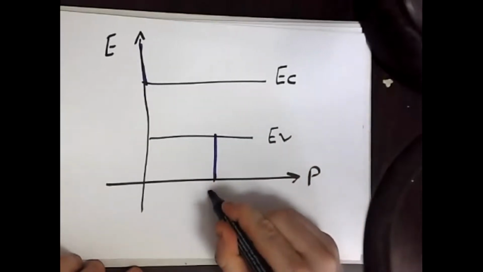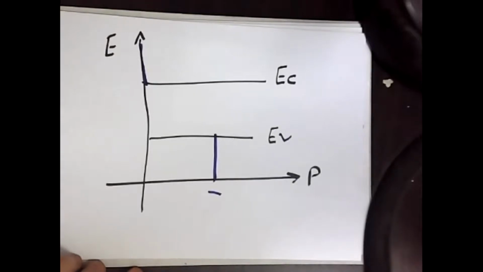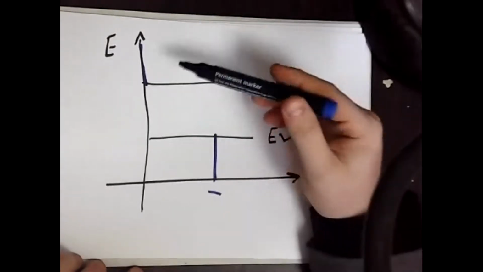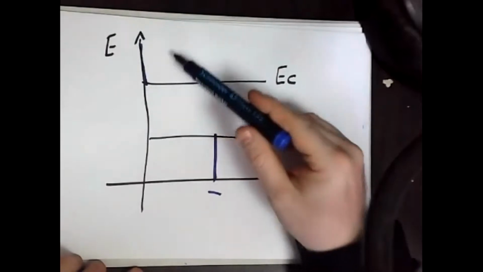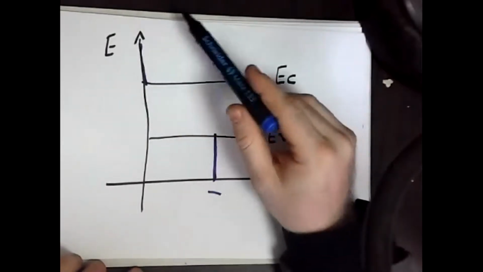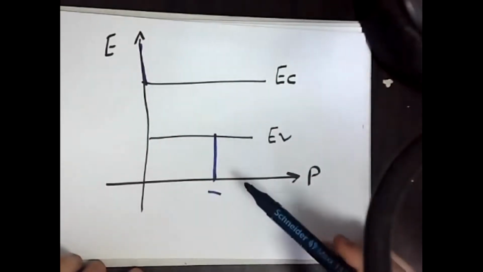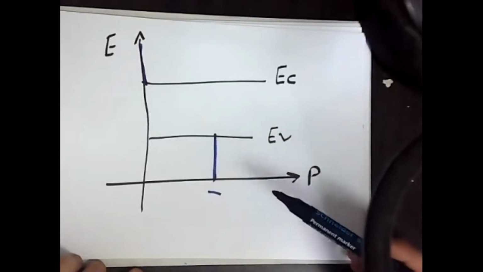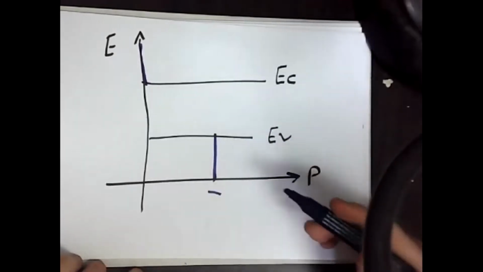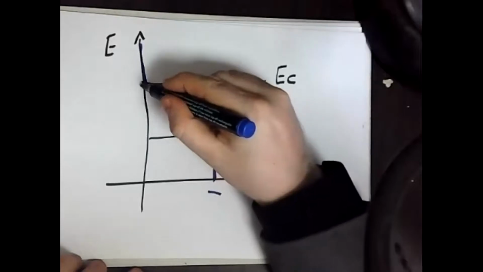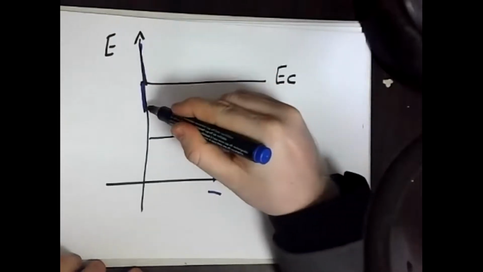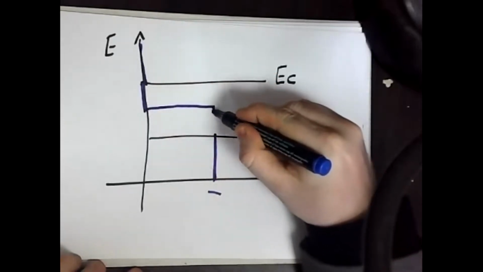So here the probability is 1. This is again at 0 Kelvin: no probability, no electrons in the conduction band, and all electrons are in the valency band directly. So in order to make it in the form of a probability density function, we have to make it a continuous function. So we will plot it like this, if you remember.